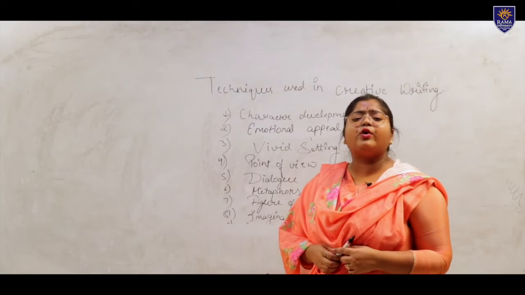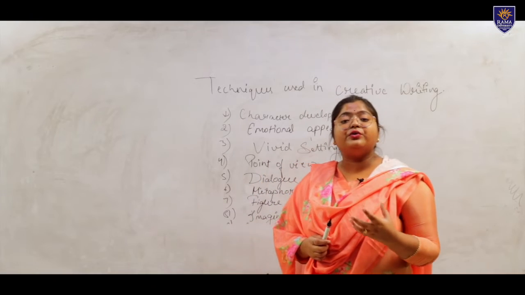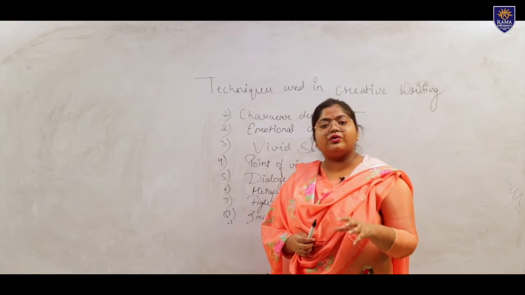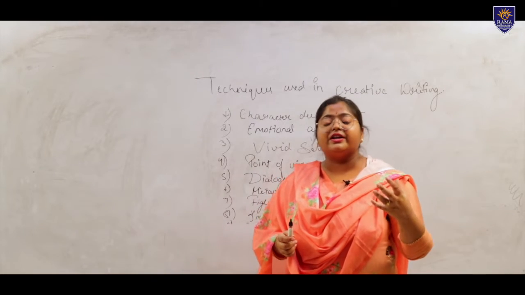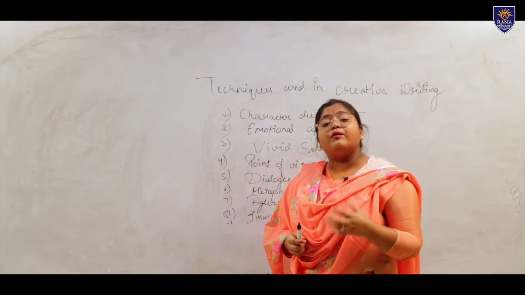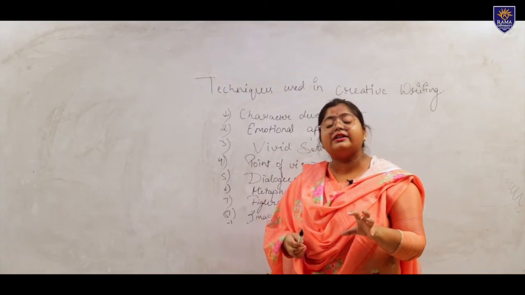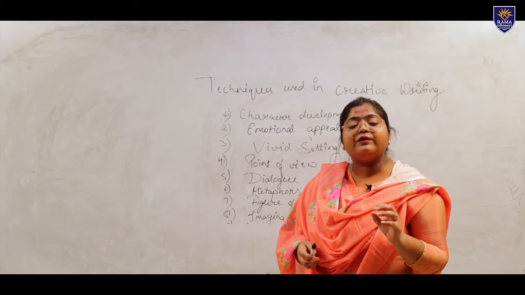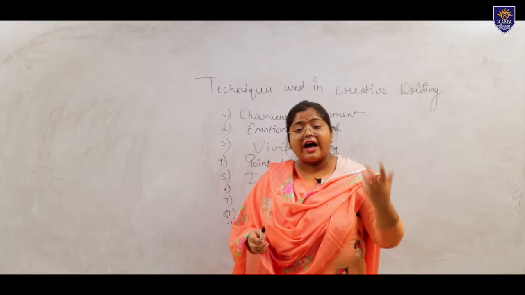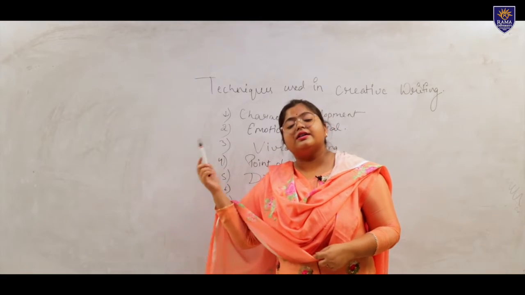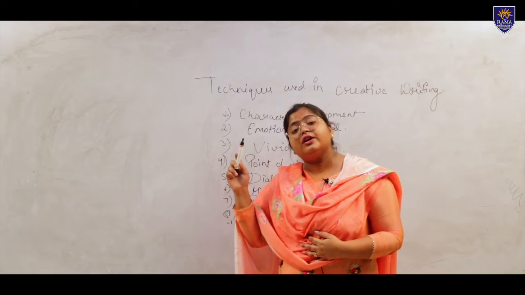Now, the fourth point is point of view. What is point of view? Why is it necessary? Point of view is very important in your story writing. When you write or plan something, you always have a point of view: what is your point of view in writing that particular story or that particular thing. You have a point of view in writing such stories and such poems.